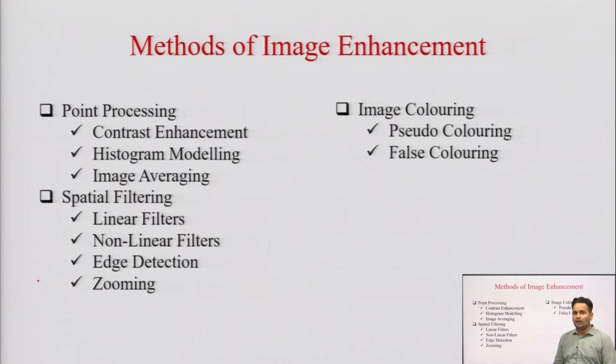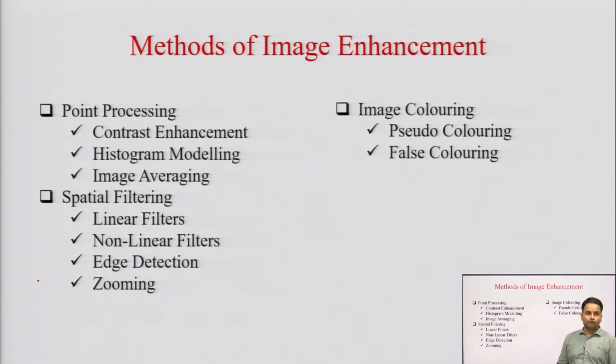Now, if we talk about the methods of image enhancement, we have three basic methods. The first one, single pixel-wise, is point processing. Point processing includes contrast enhancement, histogram modeling, and image averaging. After that, spatial filtering is related to filters which vary with the coordinate.